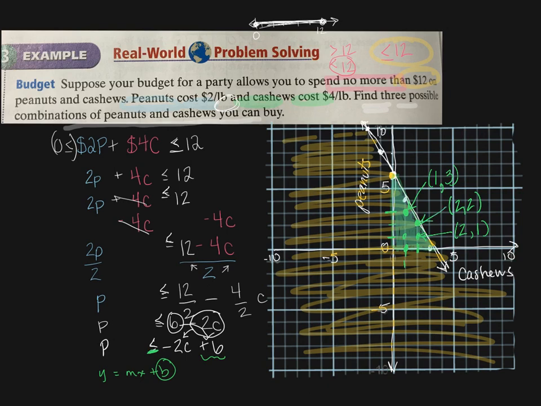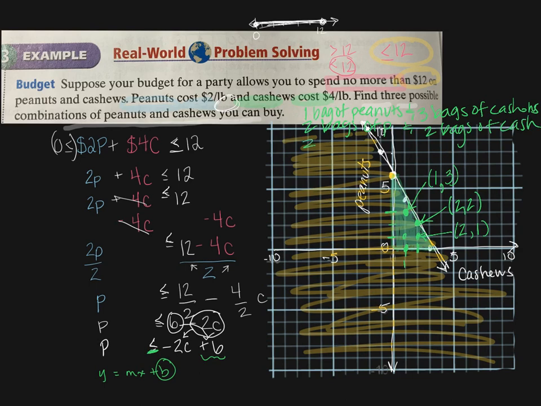These are 3 possible combinations I could buy. I could buy 1 bag of peanuts and 3 bags of cashews. Or I could buy 2 bags of peanuts and 2 bags of cashews.